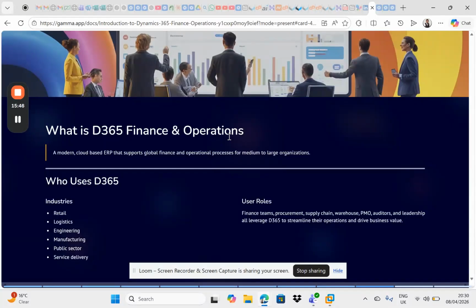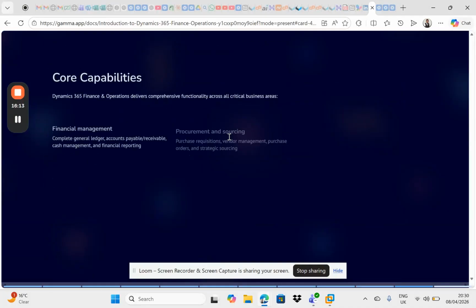You have finance teams, procurement, supply chain, warehouse, project management, accounting, auditors, and leadership. All of these users or stakeholders use Dynamics 365 to streamline their operations and drive business value, which of course increases profitability for their shareholders.